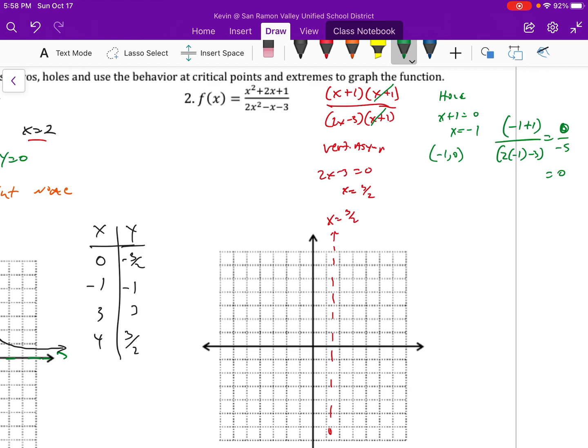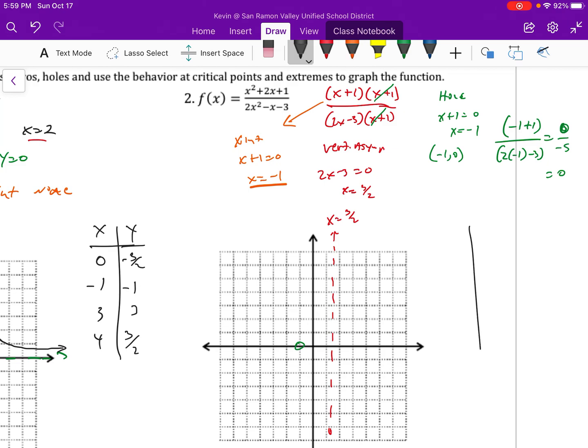We have the hole at -1 and 0 right here. And then we can look at right here. That's going to give us our x-intercept. x plus 1 equals 0. x equals -1. Oh, well, where our x-intercept is, this is actually where we have a hole. So that doesn't quite count.